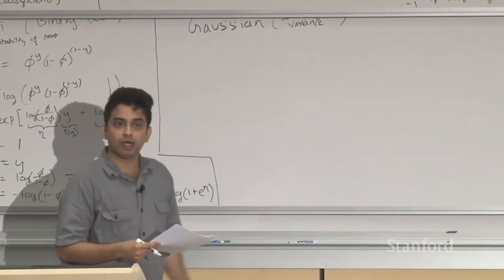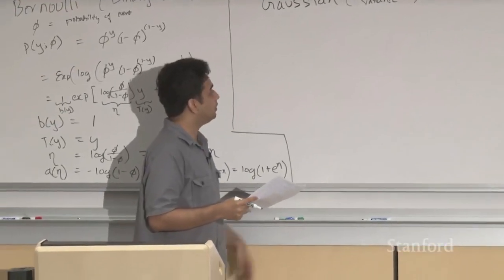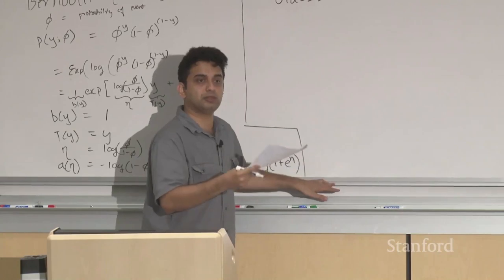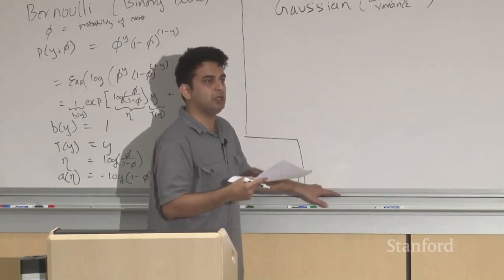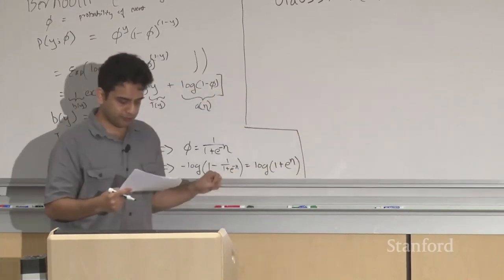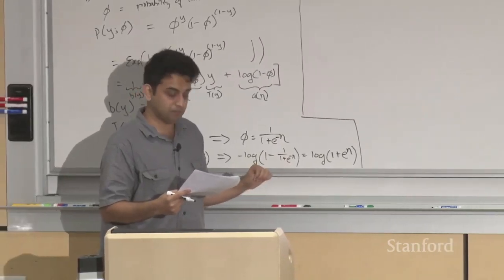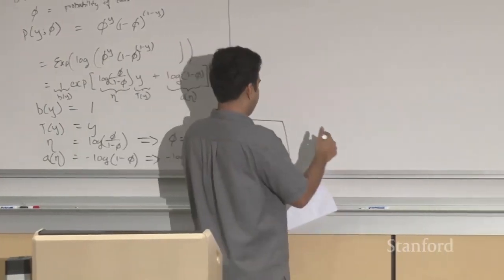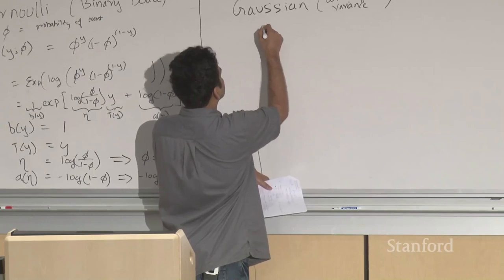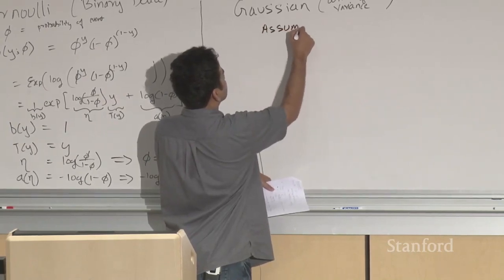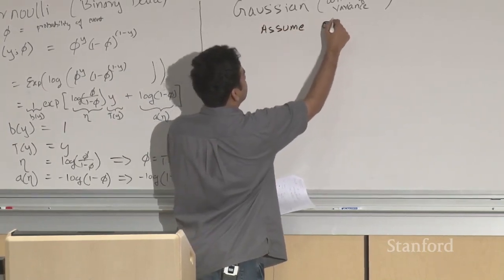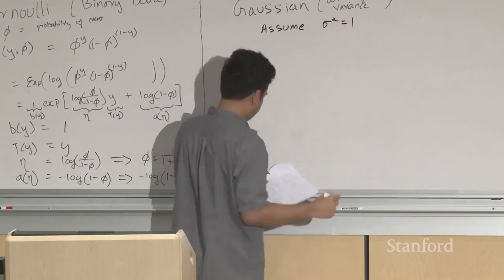You can also consider Gaussians where the variance is also a variable, but for our course, we're only interested in Gaussians with fixed variance, and we are going to assume that variance is equal to 1.